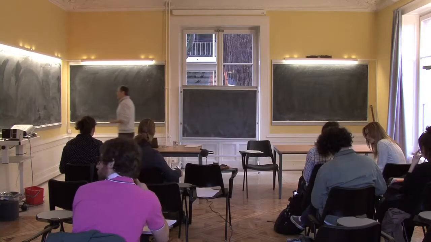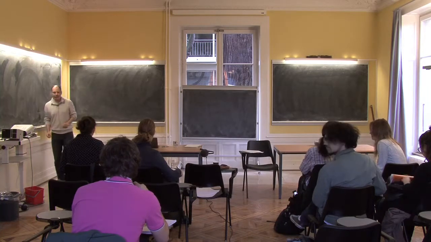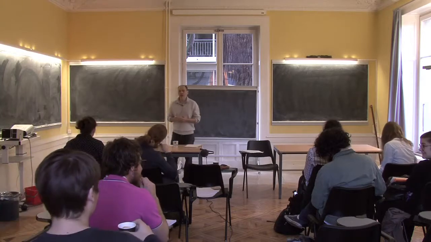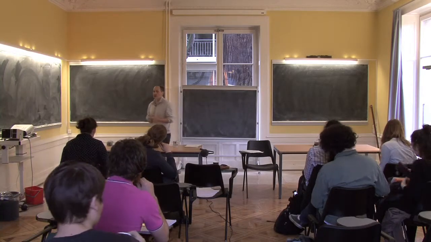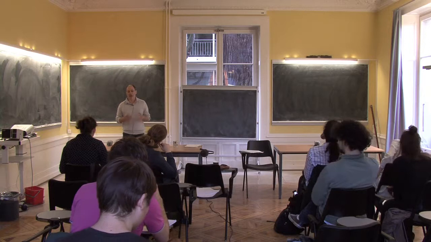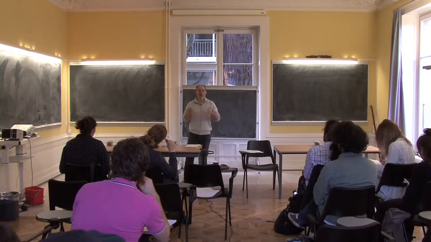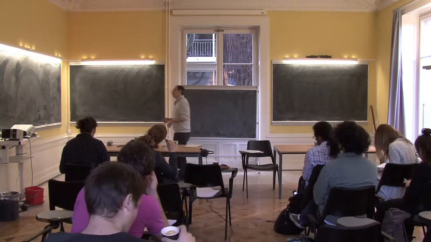So, yes, today we'll talk about Chern classes. So the idea was, remember the logic: what we want to do is enumerative geometry. Enumerative geometry we do using intersection theory. Intersection theory we use by intersecting cycles.